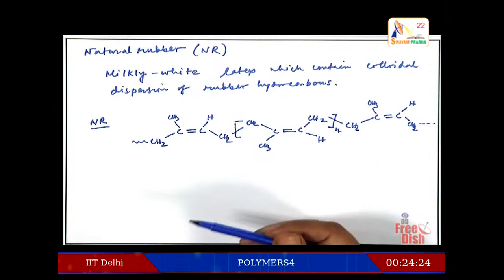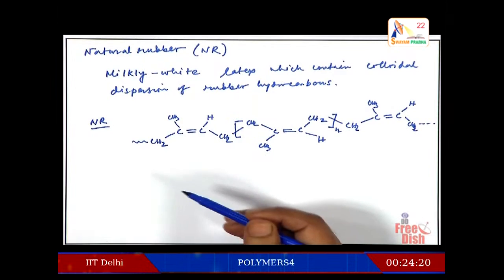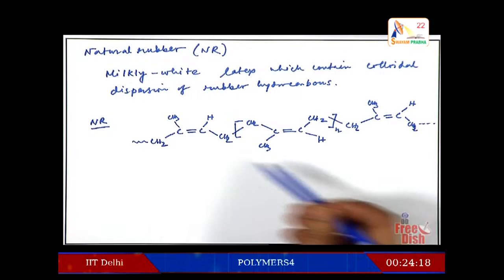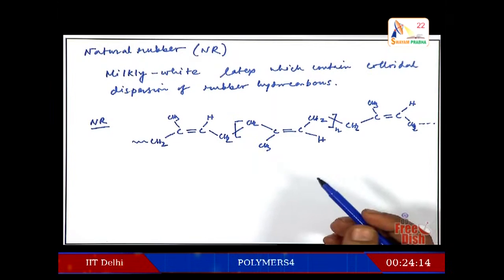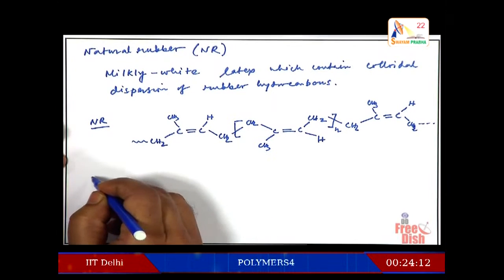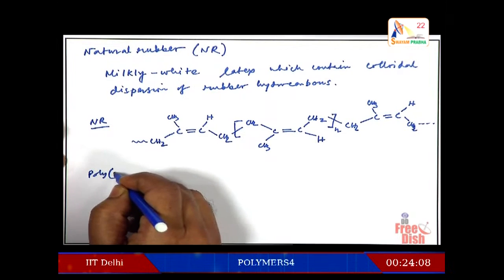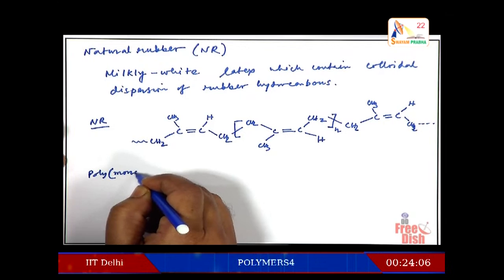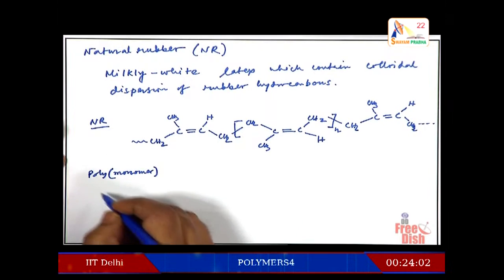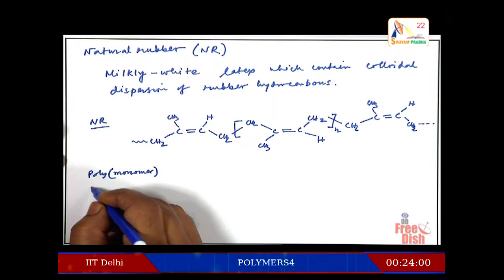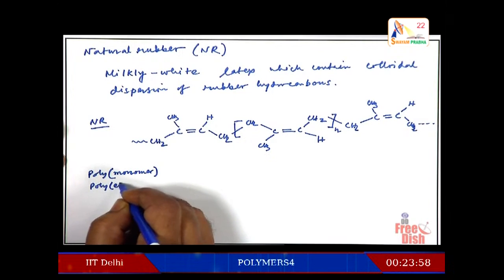So, it is not that you are synthesizing a polymer from monomer, but if you have to name it, generally polymers are named by just adding poly to the monomer from which the polymers are formed. If ethylene is the monomer, we write polyethylene.